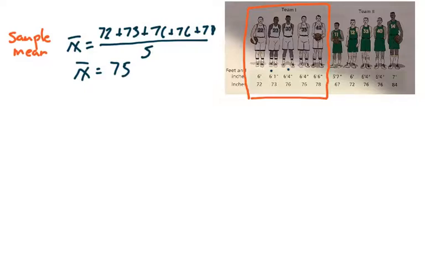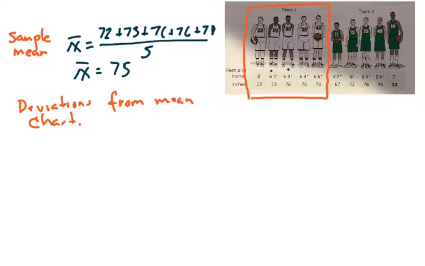So we have our sample mean. Now we have to make a chart of deviations from the mean. So the next thing would be the deviations from mean chart. Okay.